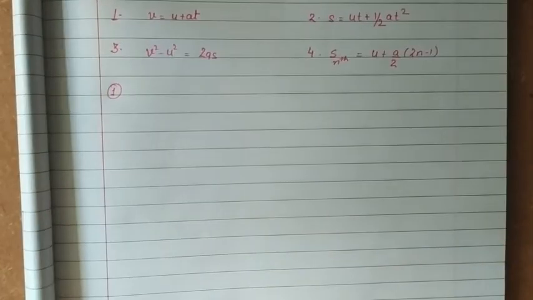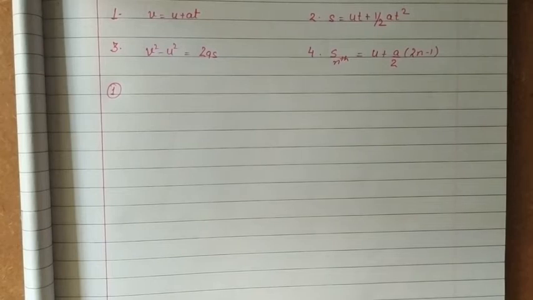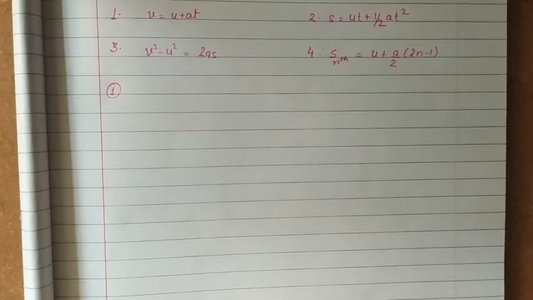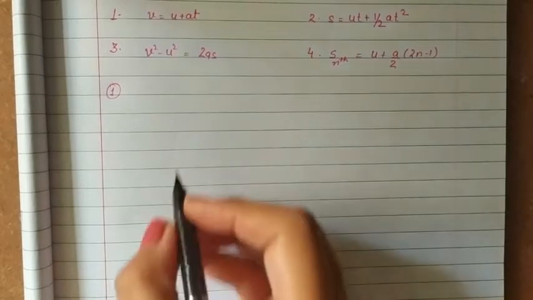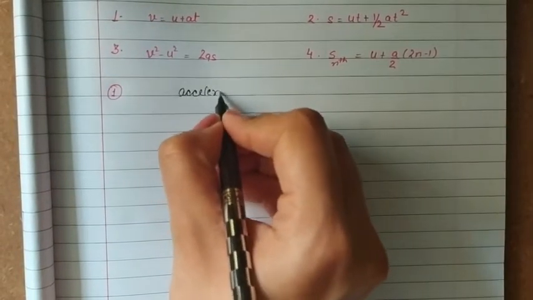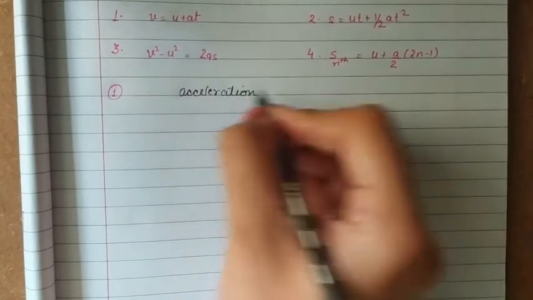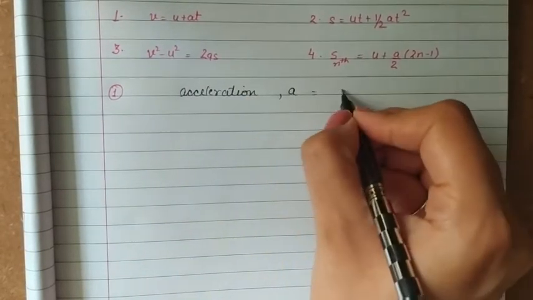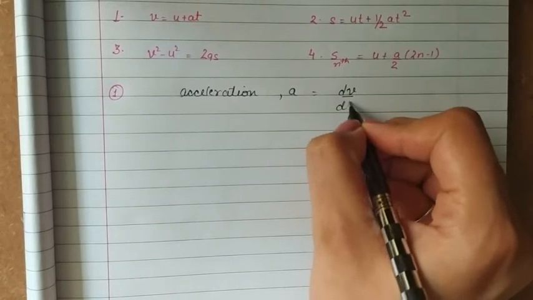So for deriving the first one, we are taking the definition of acceleration. So we know that the acceleration is rate of change of velocity. So by using calculus in differential form, we can write acceleration A is equal to rate of change of velocity, that means dv over dt.